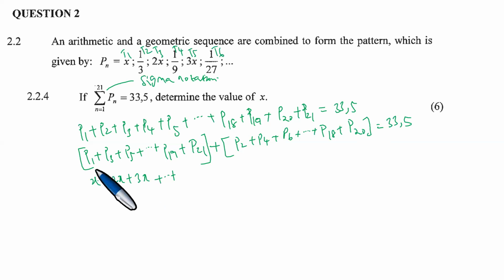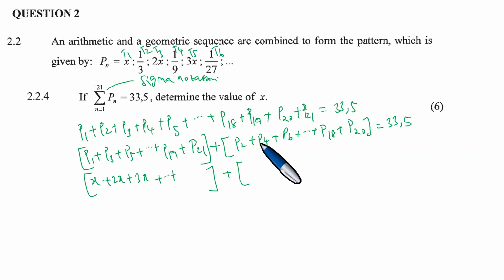Now you can see that if it's P1, it's just x. If it's P3, then it's 2x. It increases by 1 the whole time. So we just have to work out the number of terms there.